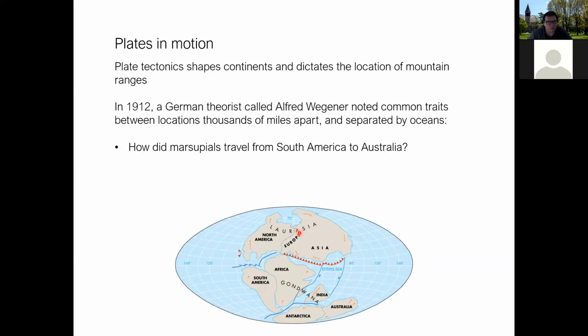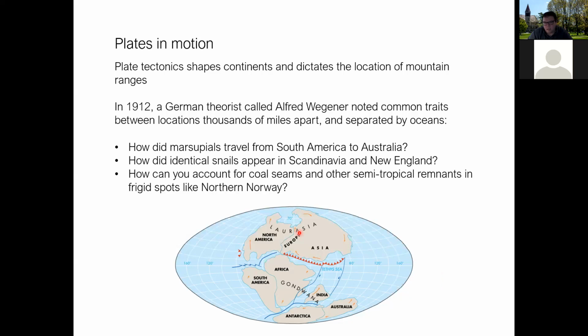There were certain fossils and rock forms on very different continents, in very different parts of the world now, that had very common traits in the geological past that we use to tease this together. So, how did marsupials get from South America to Australia? How did similar species of snails exist in Scandinavia and northeastern United States?